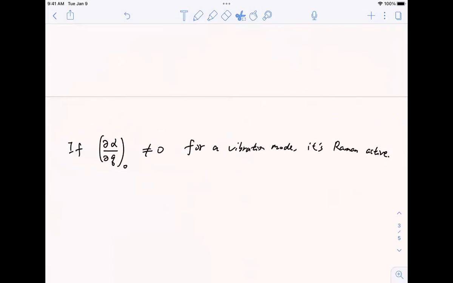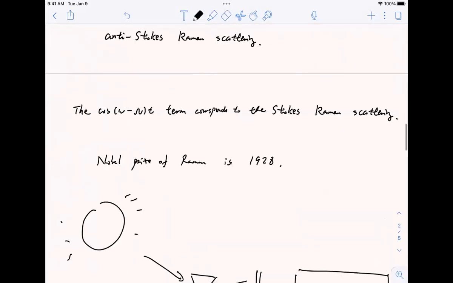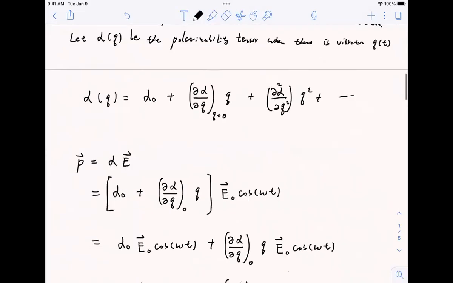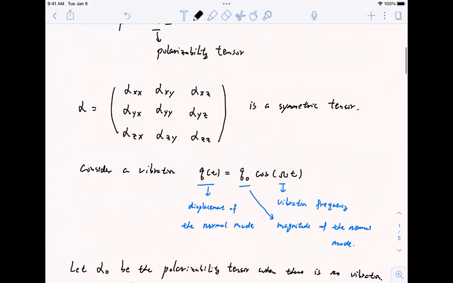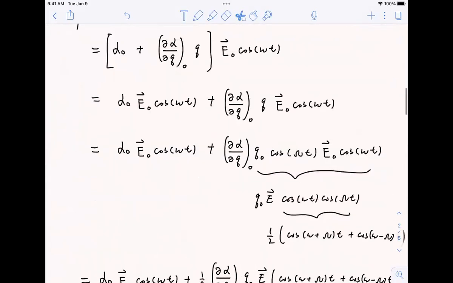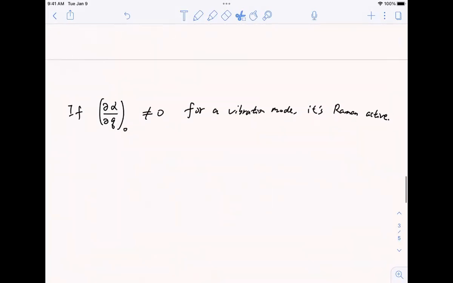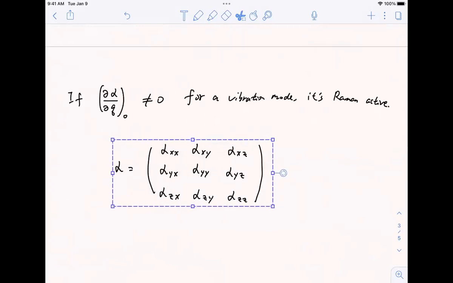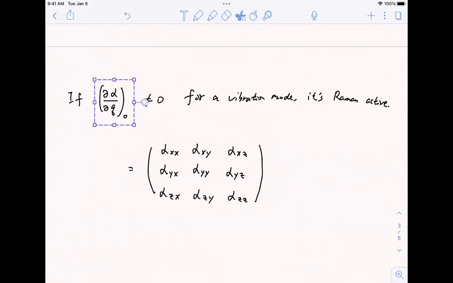So this is a tensor. Why? Because alpha is a tensor. So the Raman tensor will basically be this thing. You just need to do the derivative on all of them.